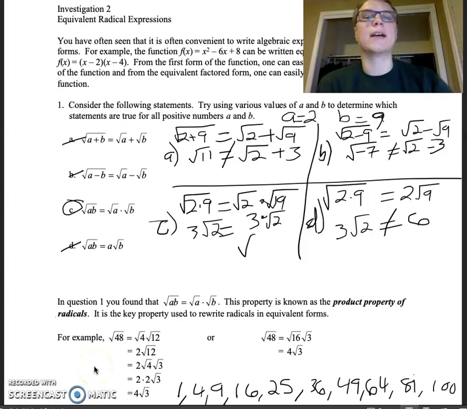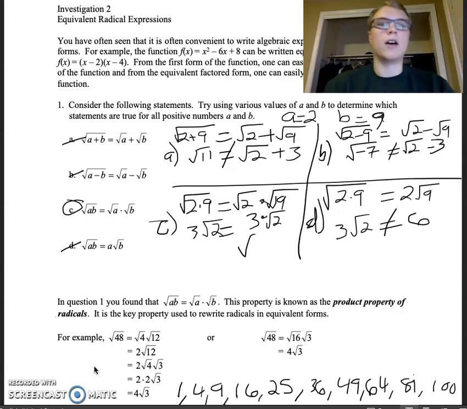Okay, welcome back. So I have written down the work to show which one of A, B, C, or D is true. As we can see, C is the only one that's true. You can go through and look for yourself why the ones that aren't true are not.